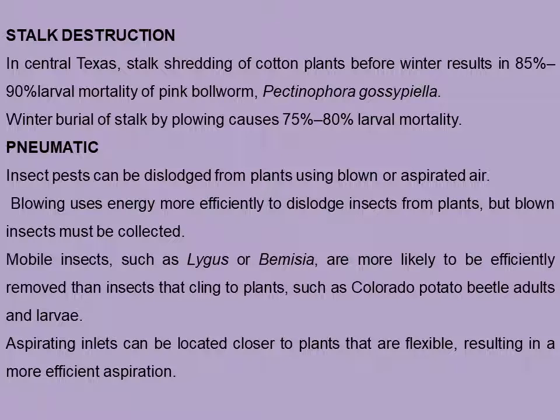Now, Pectinophora gossypiella is a very major pest of cotton, known as the pink bollworm, and it has been observed that once the cotton is taken, the remaining part is known as the stalk, and in that part the insects hibernate, so that when the next crop is sown, these have a large infestation. So if that is checked at any stage, that is stalk destruction.